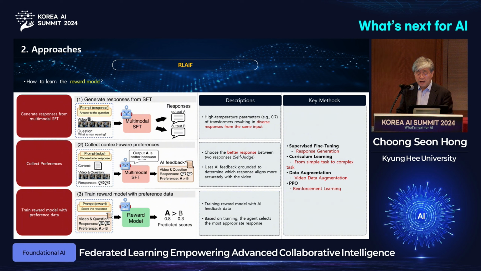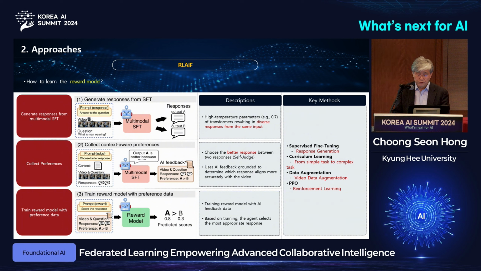This slide explains how the reward model is learned in RLAIF. RLAIF works in three main steps. First, it generates responses using the multimodal SFT model with a high temperature parameter like 0.7. This creates diverse responses from the same input. Next, we collect the context-aware preferences. In this step, the model compares two responses and selects the better one.